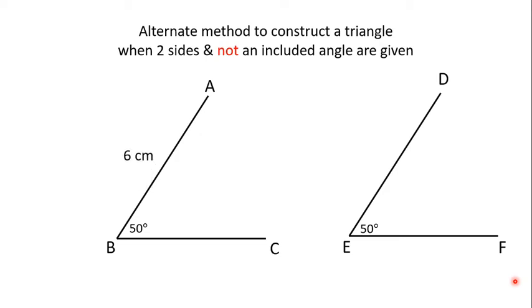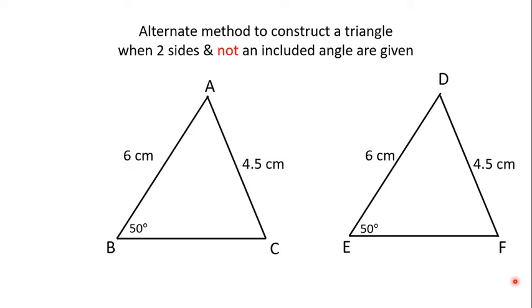Now AB is 6 centimeter and DE is also 6 centimeter. So let us join A and C, F and D in order to get a triangle. Now concentrate all your attention on the triangle DEF. Before that, AC and DF are 4.5 centimeters each. Now with D as center, drop a perpendicular like this.